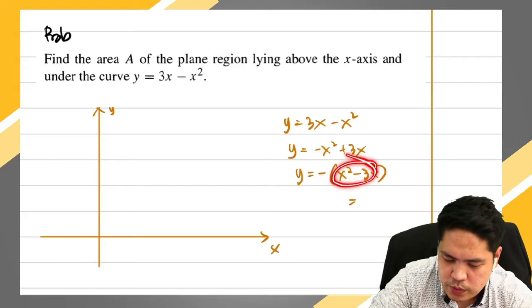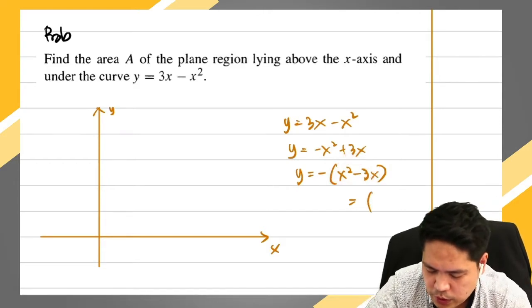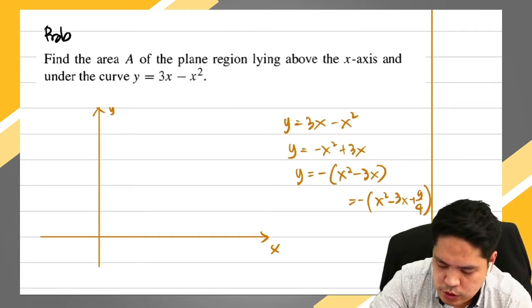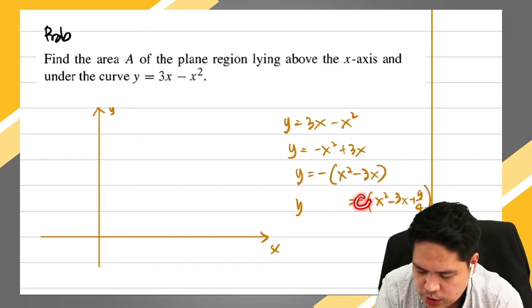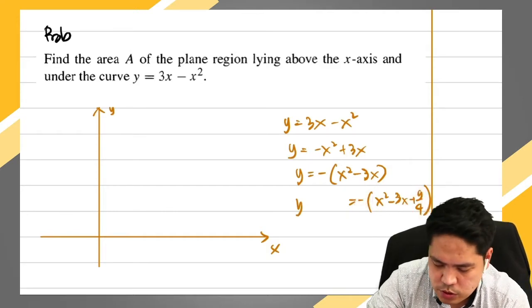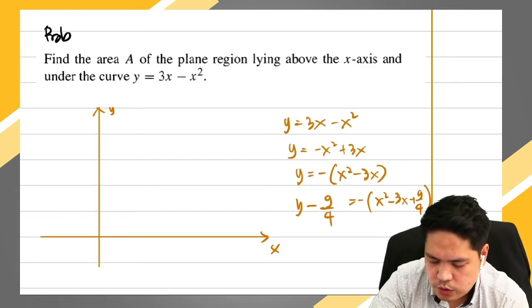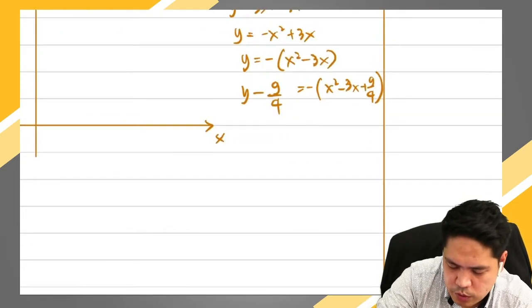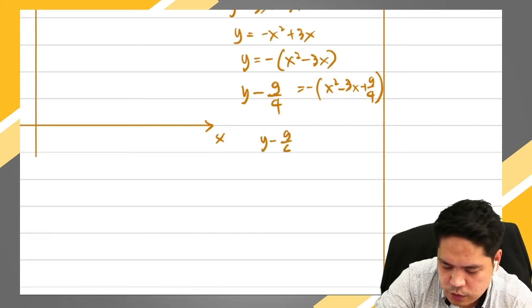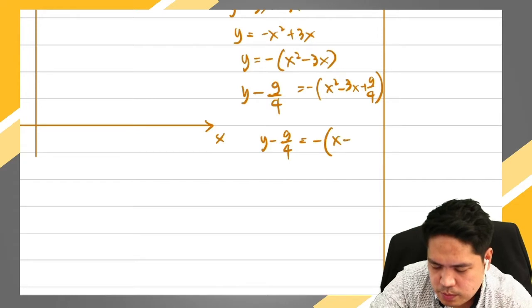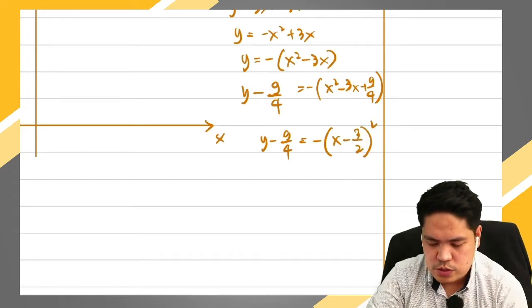by completing the squares, that would be x squared minus 3x plus 9 over 4. Remember, we added 9 over 4 inside, so we also subtract 9 over 4 here. So therefore, this is in the form of the parabola y minus 9 over 4 equals negative (x minus 3 halves) squared.